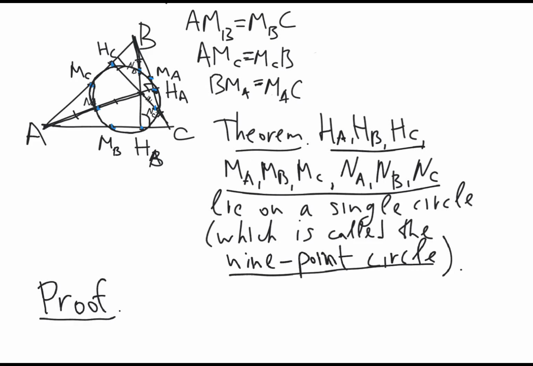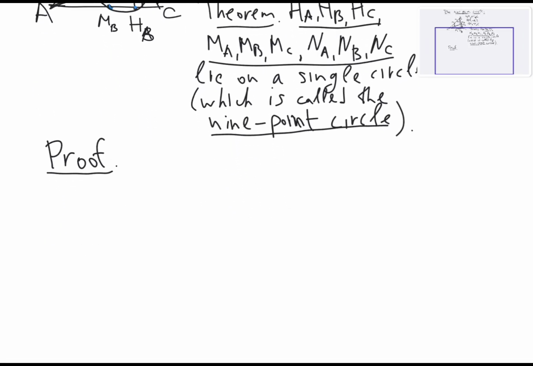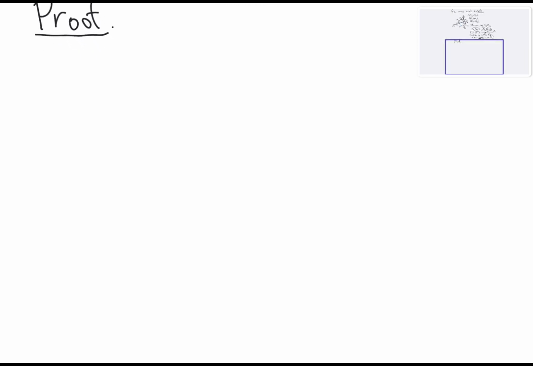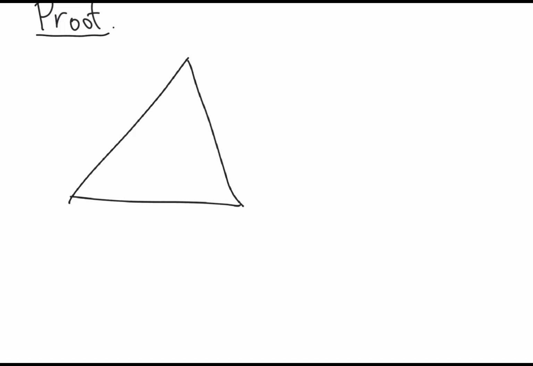Okay, so we will start with the feet of the altitudes and we will add points one by one. I will draw again so as not to obscure the essence of what is going on, and I will draw only what is needed.